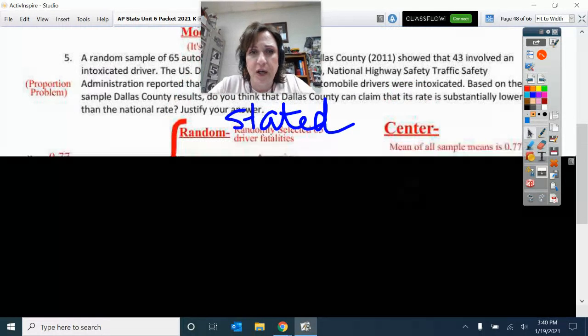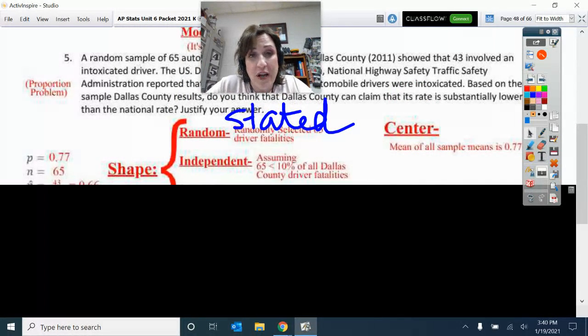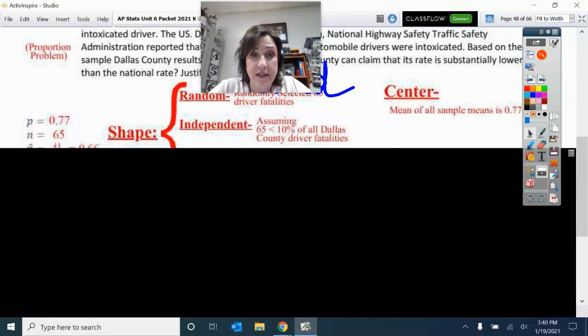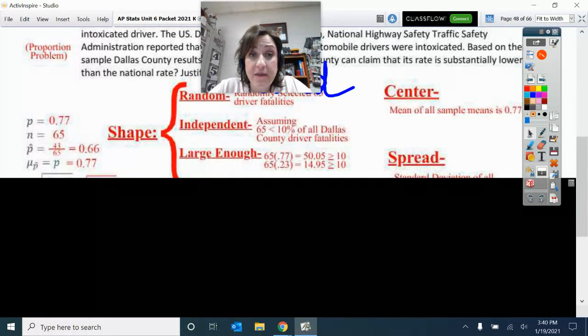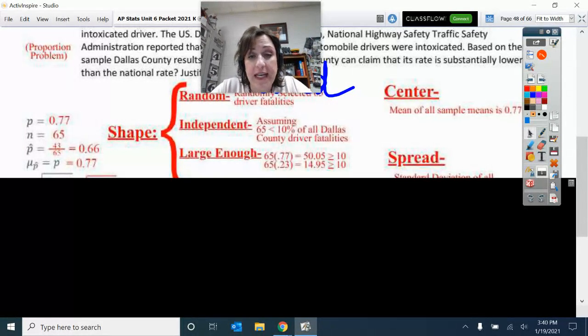And then here I go. I'm assuming because I don't know the number. So I'm assuming 65 is less than 10% of all. And here I am defining the population, all Dallas County driver fatalities. Large enough is proportion. n times p. p was 0.77, and that's 50. And n times 1 minus p was 14.95.